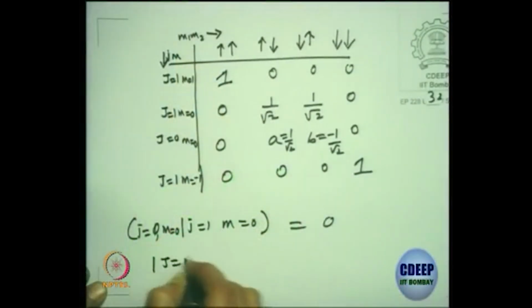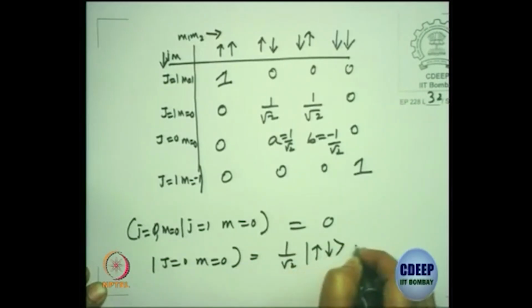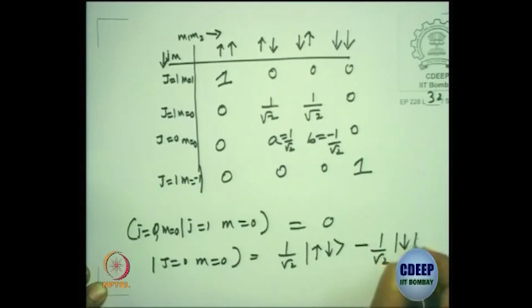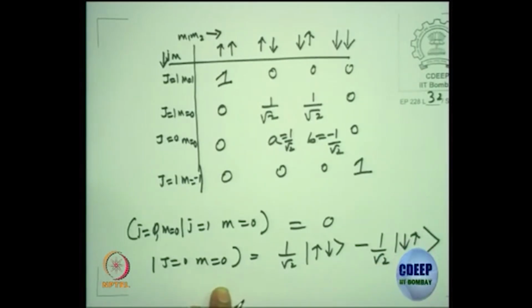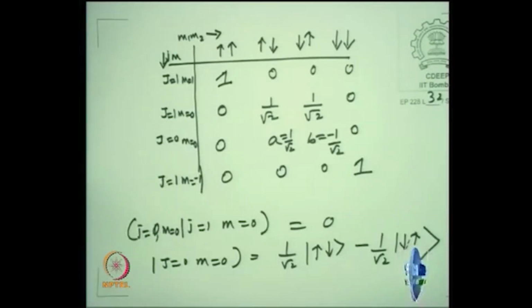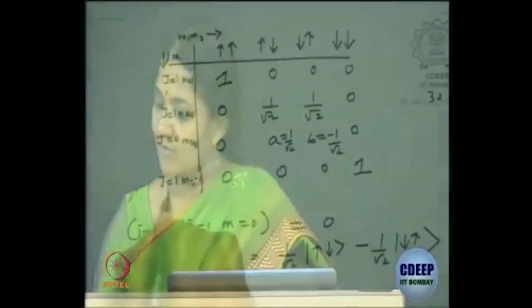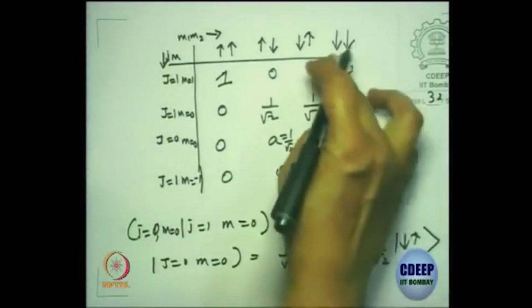So this way, I have actually shown that j equal to 0, m equal to 0 is 1 over square root 2 up down minus 1 over square root 2 down up. The left hand side is a coupled state, the right hand side is in the uncoupled basis. Only these two states will contribute, and this has to be orthogonal to the j equal to 1, m equal to 0 state. As an exercise, we have also checked that j equal to 1, m equal to minus 1 is down down.